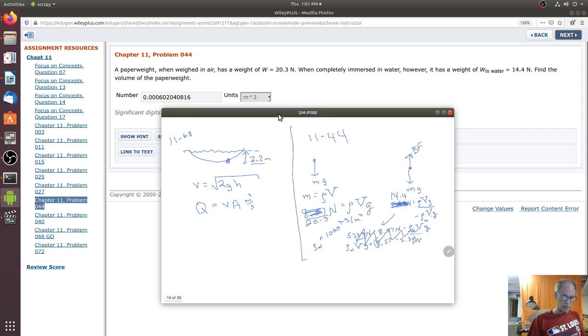So now, where I got rho Vg here, I'm going to substitute 20.3. So the second equation becomes 14.4 equals 20.3 minus the density of water times the volume of the paperweight times g. I do know the density of water.